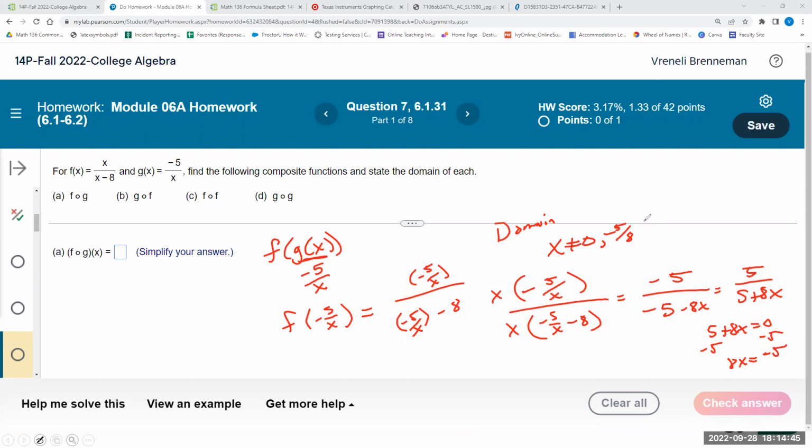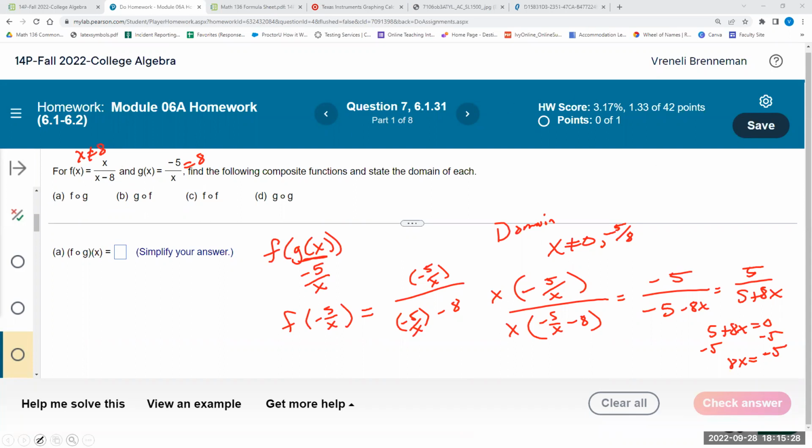Now that could be found also by looking at what value of g is going to make it come out equaling 8, because for f of x, x can't equal 8, but we're plugging into g of x first, so we'd have to figure out that -5/8 would also be the solution of g of x equal to 8.